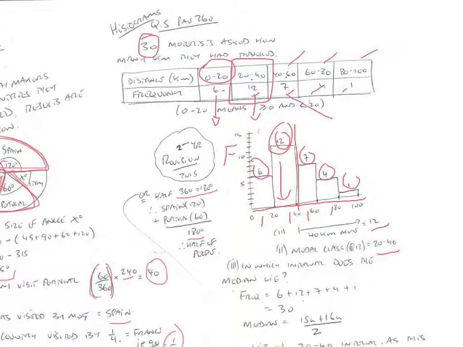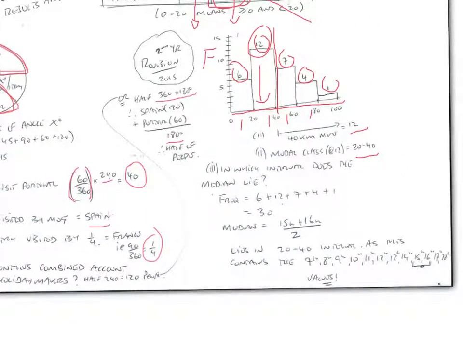So the median is in this interval here. Okay, so it lies in the 20 to 40 interval, as this is the one that contains the 7th, 8th, 9th, 10th values in ascending order, and the 15th and 16th. So the median would actually be the average of those two.